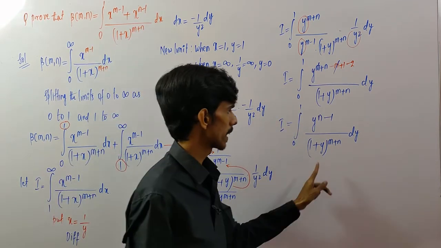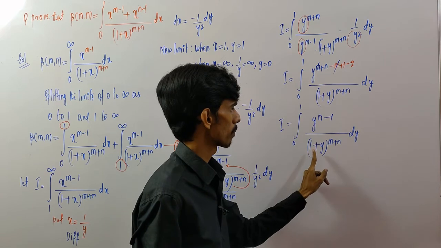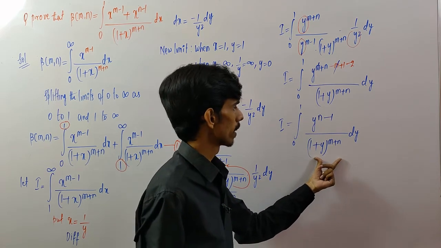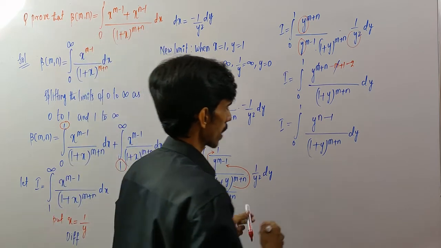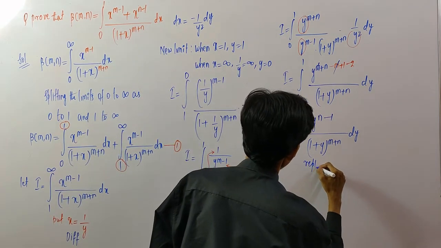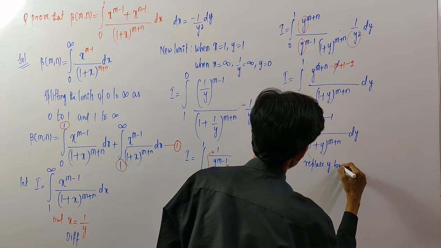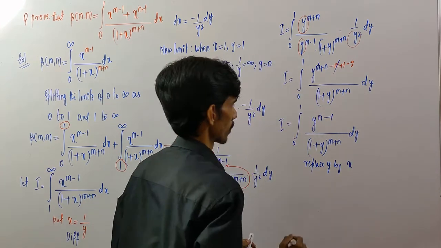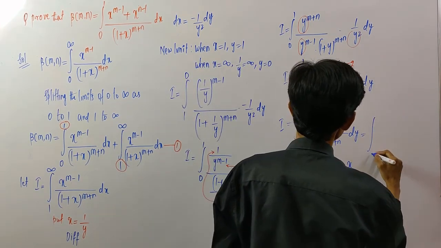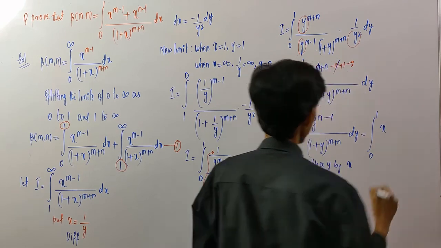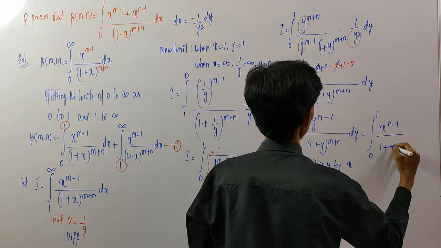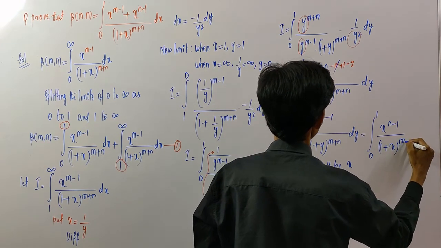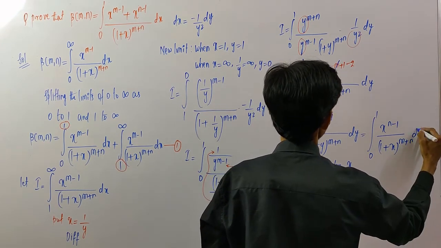Now this integral is in terms of y, so this complete integral can be expressed in terms of x also. So replace y by x. It will become integration 0 to 1 of x power of n minus 1 divided by 1 plus x whole power of m plus n dx.